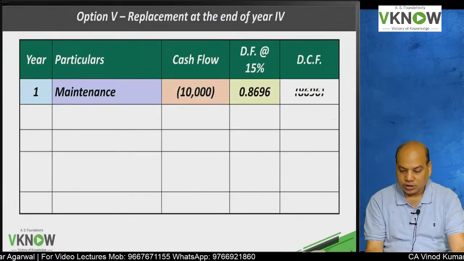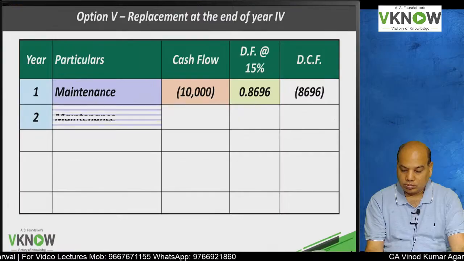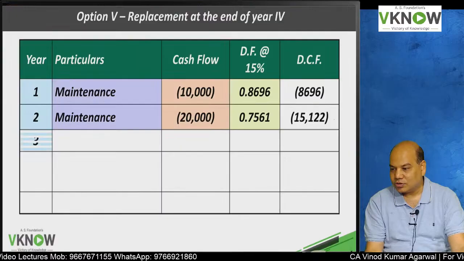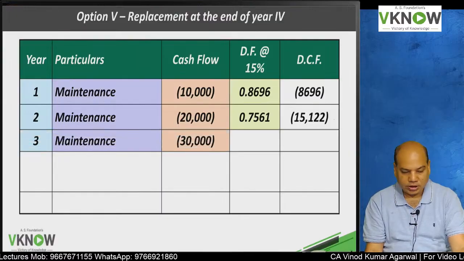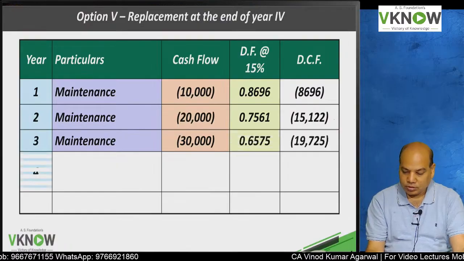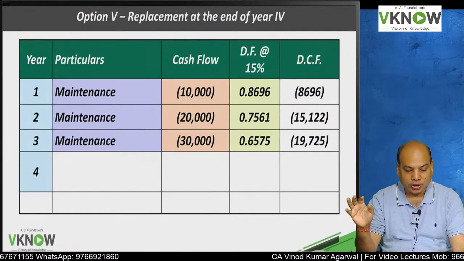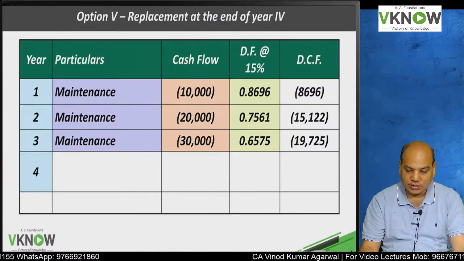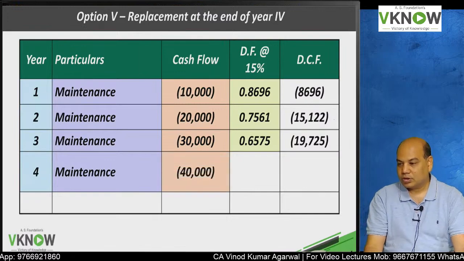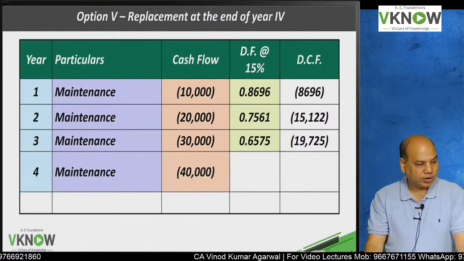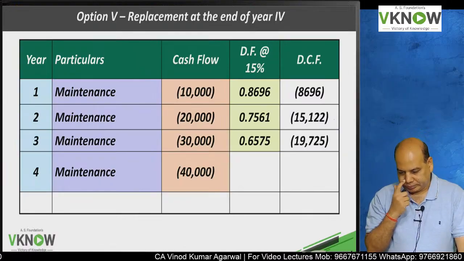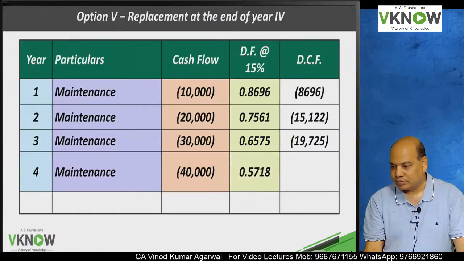So maintenance cost 10,000. Maintenance cost year 2 20,000. Maintenance cost year 3 30,000. Question in front of you. Present value we have already computed. Maybe you can copy from the previous answer. Year 4 maintenance is 40,000. Present value factor we have computed.